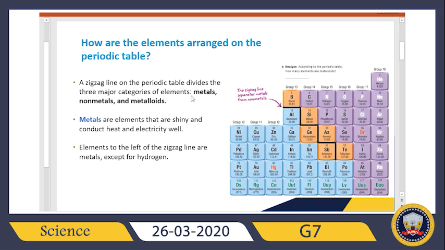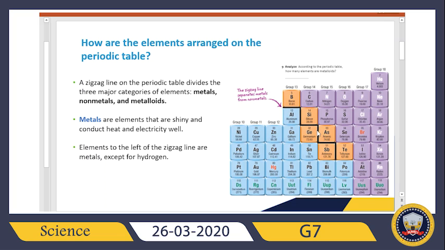We use them to make electrical wires, and they have these types of properties. Almost all metals share these common properties.